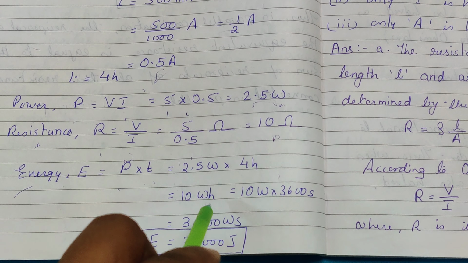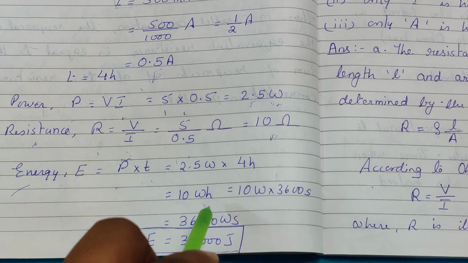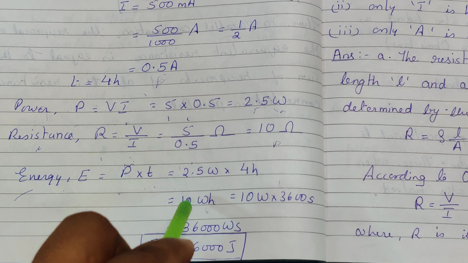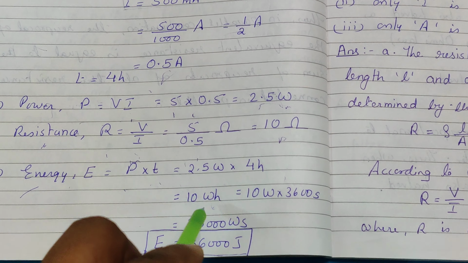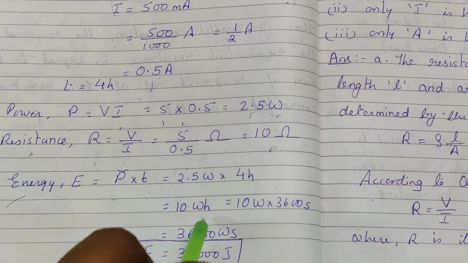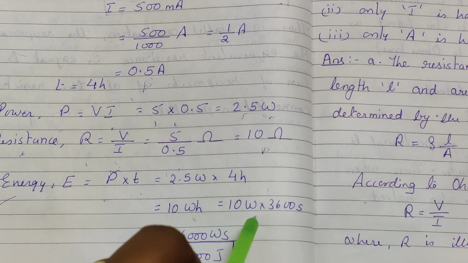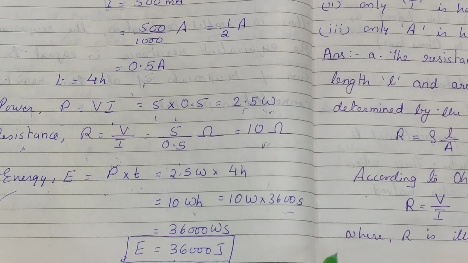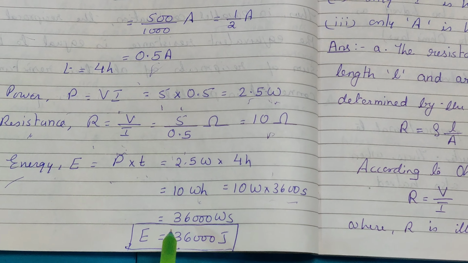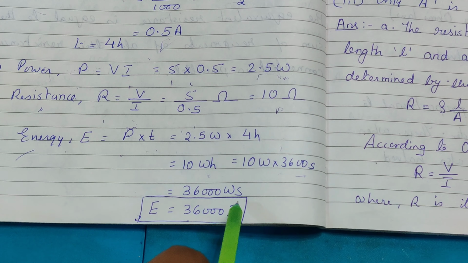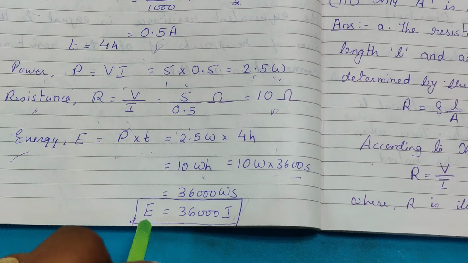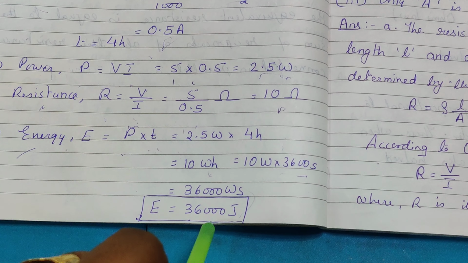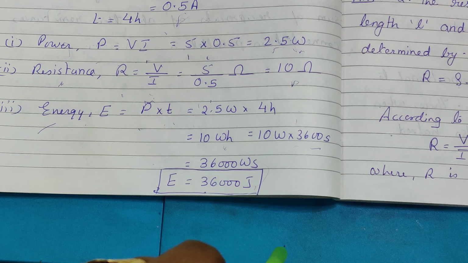So we have to convert hour into seconds: 1 hour equals 60 minutes, and 1 minute equals 60 seconds. So 60 into 60 is 3600 seconds. 10 into 3600 equals 36,000 watt second. Watt second can be written as joules. So your energy will be 36,000 joules.